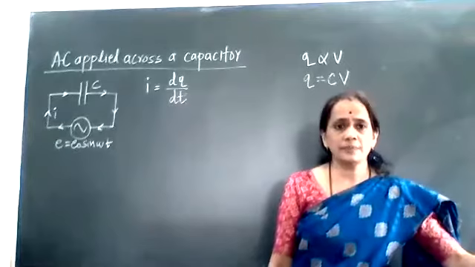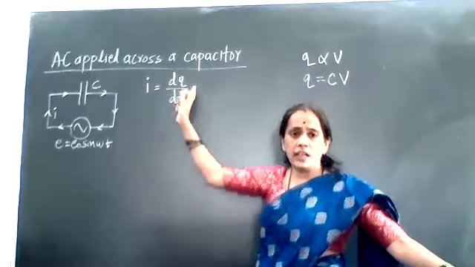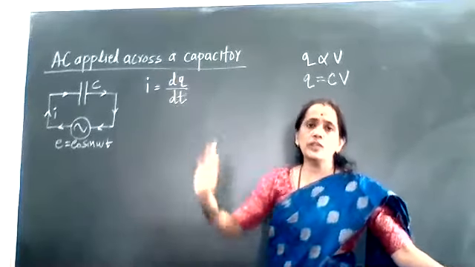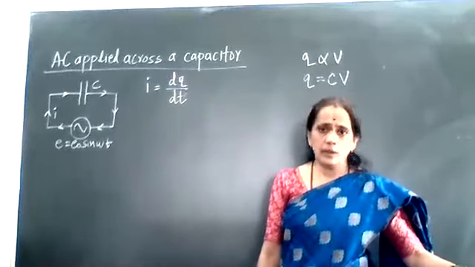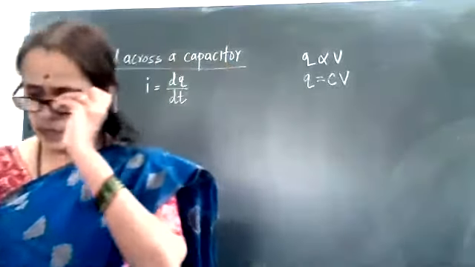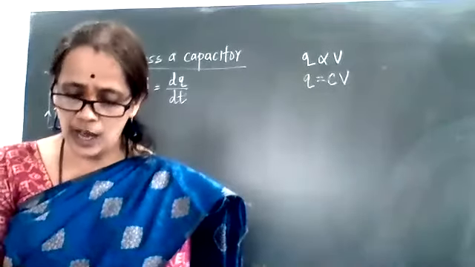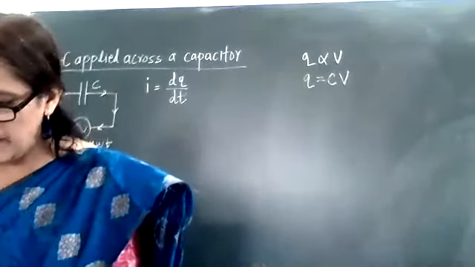Is it right? Current I is nothing but your dq by dt, that is rate of flow of charge with respect to time. Okay. Now from this, we are going to find out the value of current which will charge the plate of the capacitor.